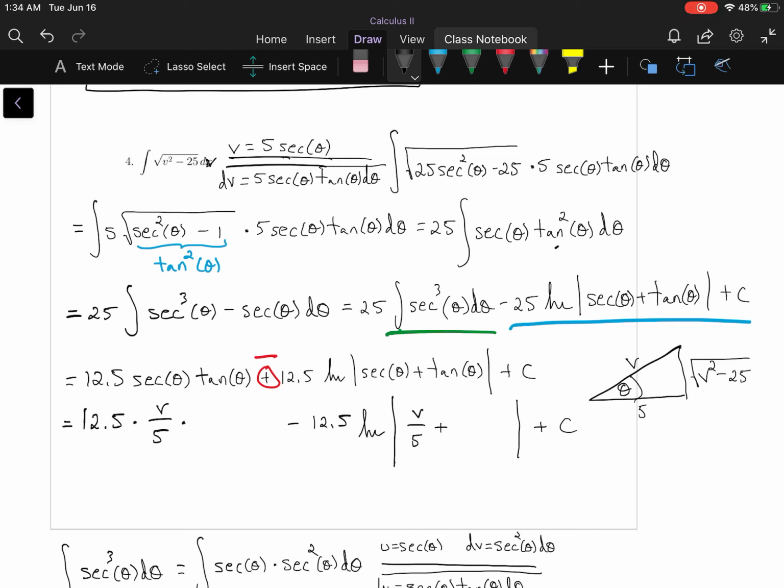So tangent is opposite, which is the square root of v squared minus 25, over adjacent, which is 5, and this is our final solution.